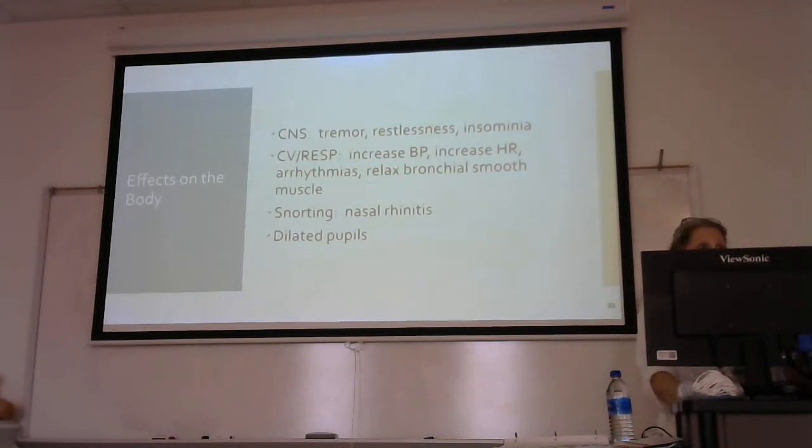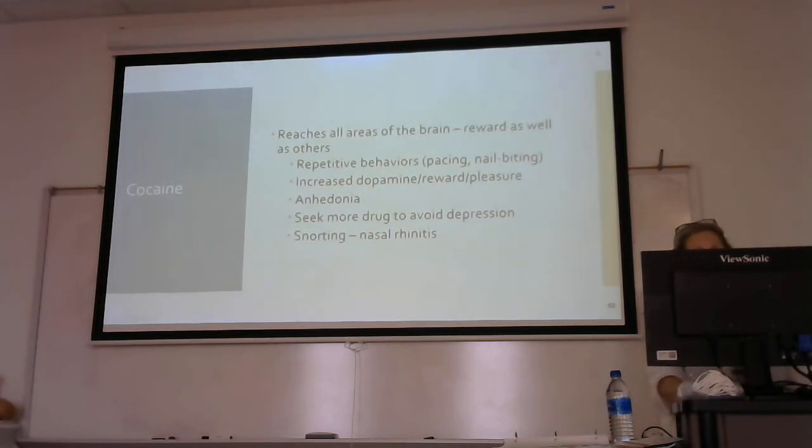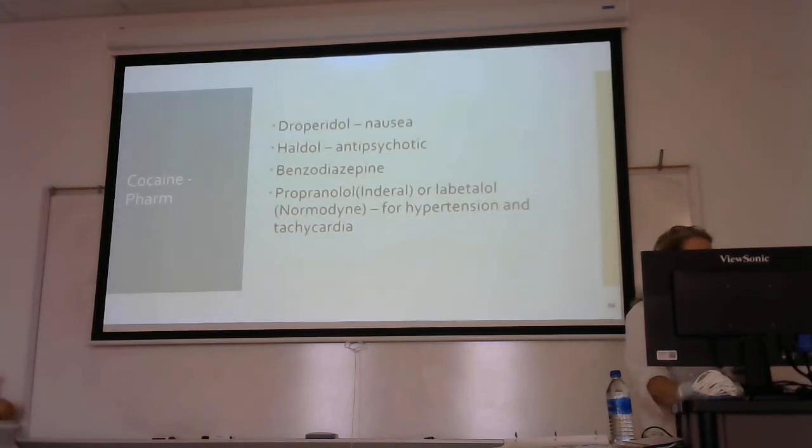If they snort it, because you can snort it or smoke it, they're going to have that little nasal rhinitis. And these are repetitive behaviors. We treat as they're detoxing to help them through that crash. They may need antipsychotics, the benzo. They're going to need things for the stimulation.